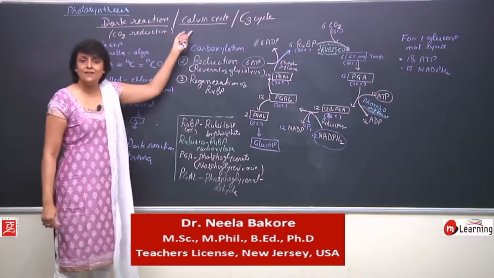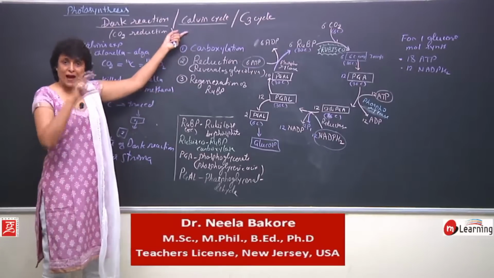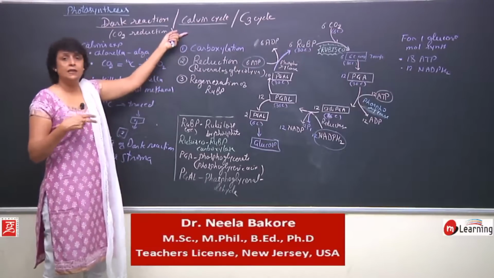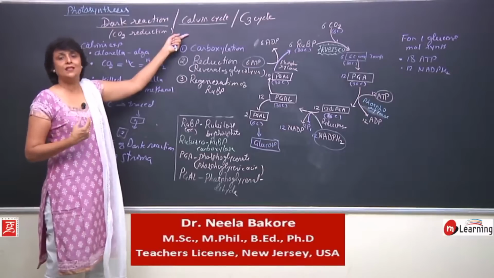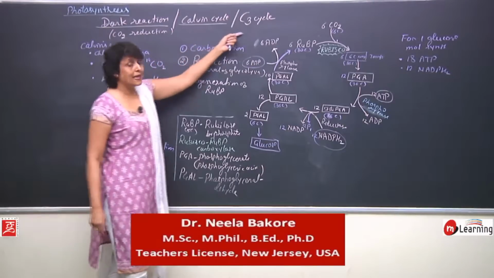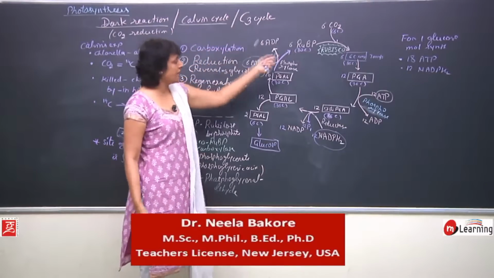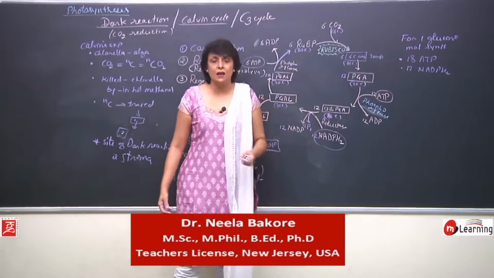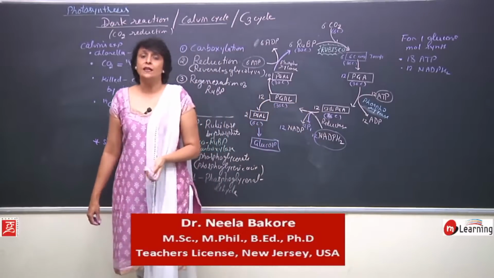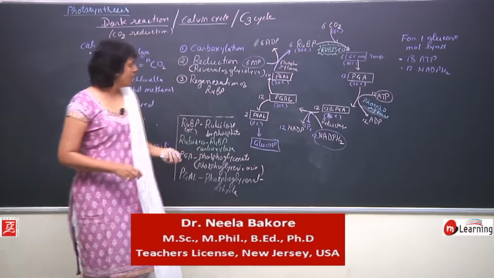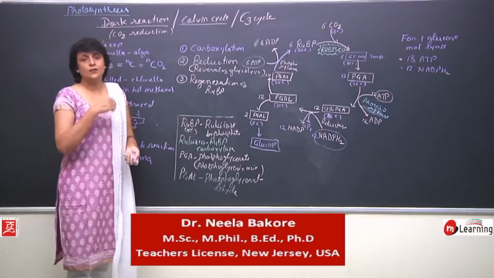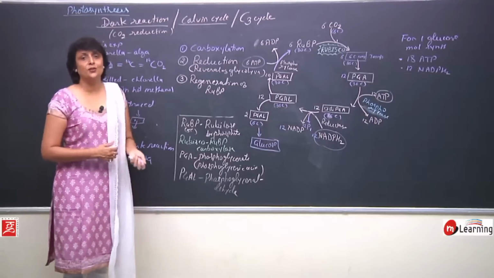It is known as Calvin cycle, who actually gave us the path of the complete cycle and traced all the intermediate compounds which are synthesized. Another name is C3 cycle because the first stable compound which is formed is a 3-carbon compound. So now let us talk about the complicated one or the actual Calvin cycle.